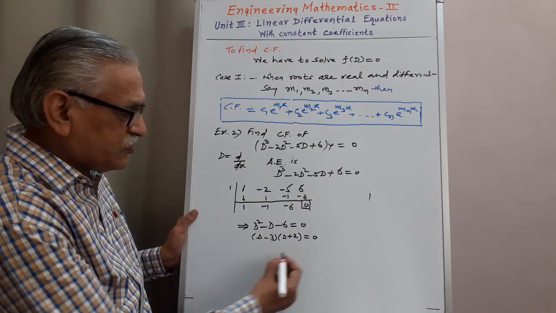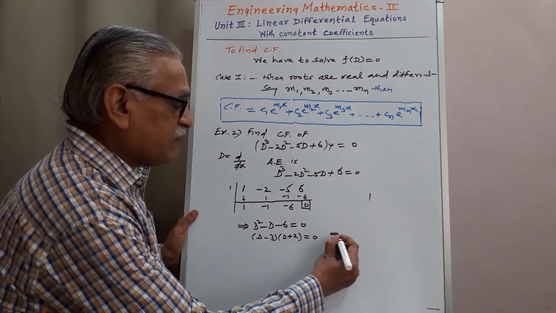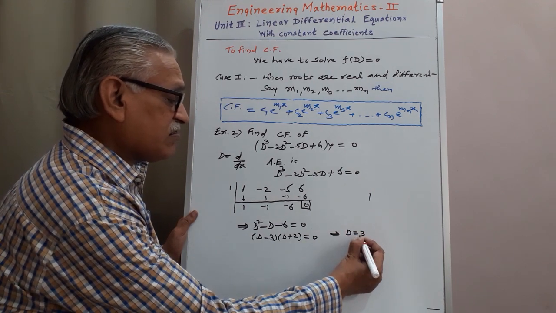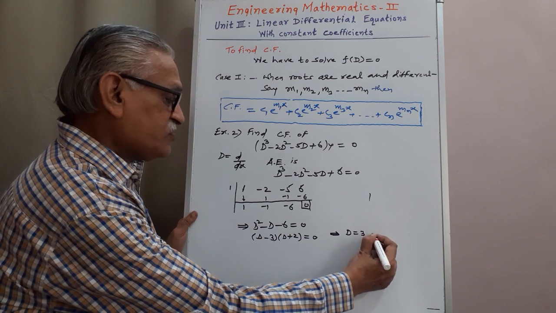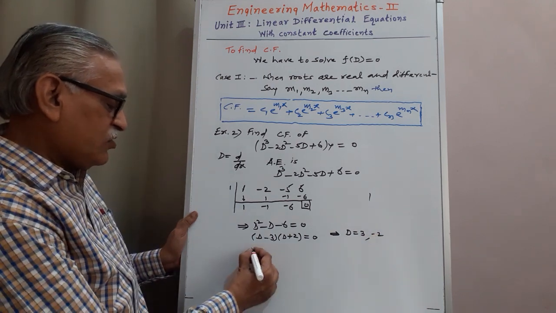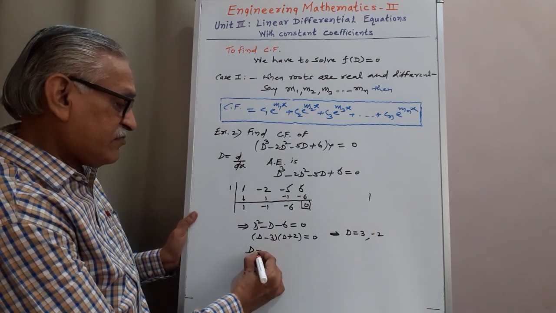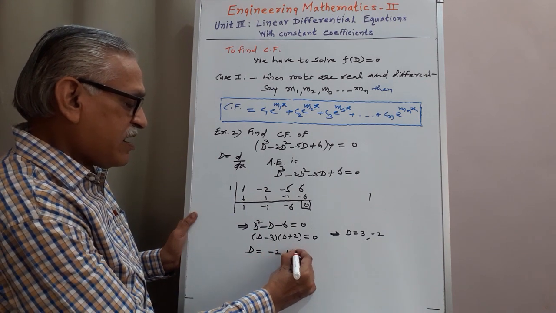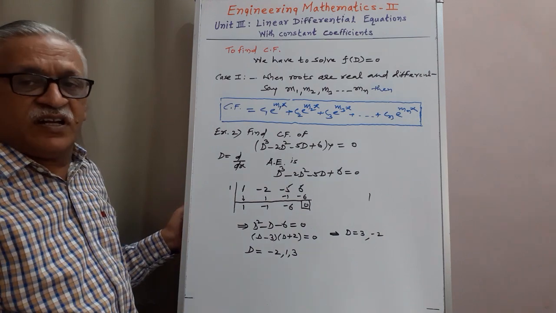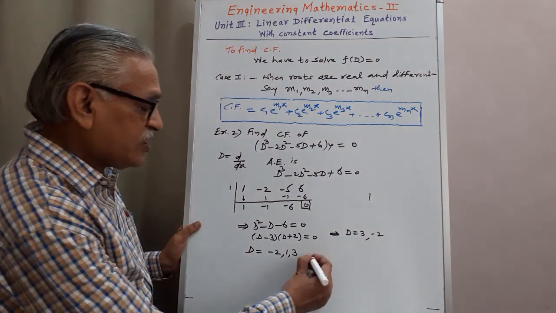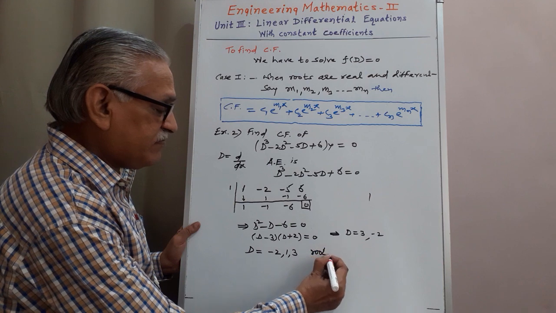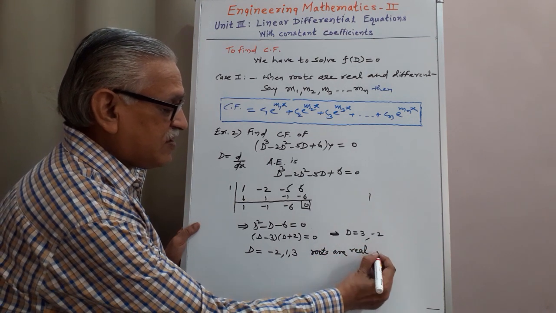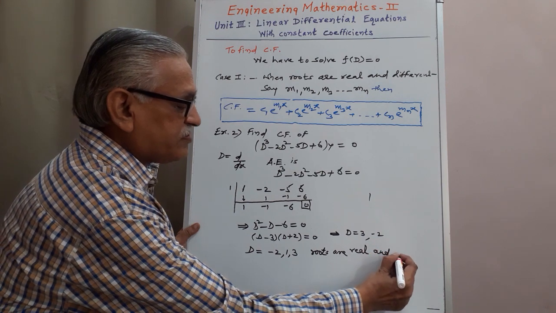And then equating each to 0, we get D is equal to 3 and D is equal to minus 2. And therefore, the roots are minus 2, 1 and 3. We have three different roots. Roots are real and distinct or different.